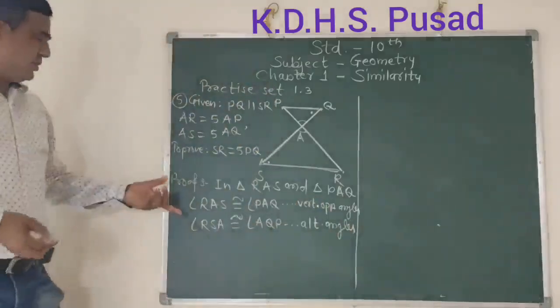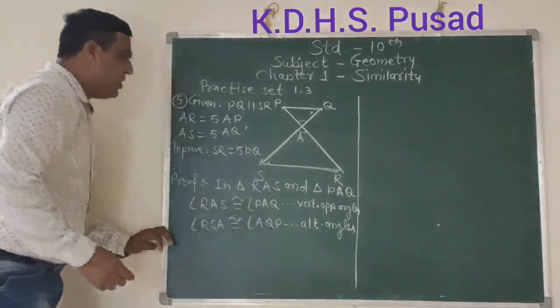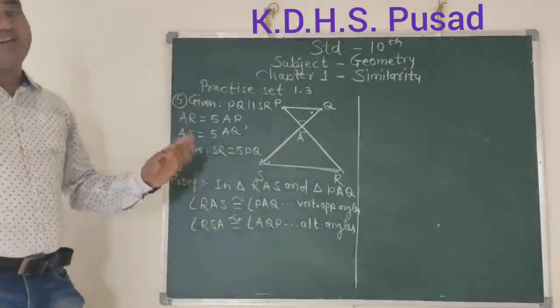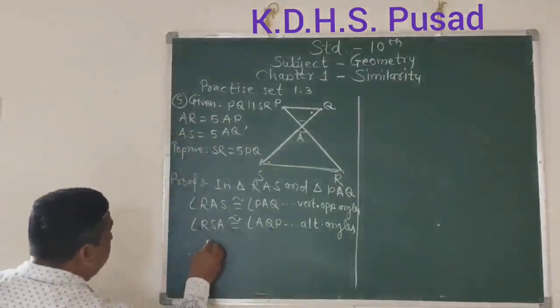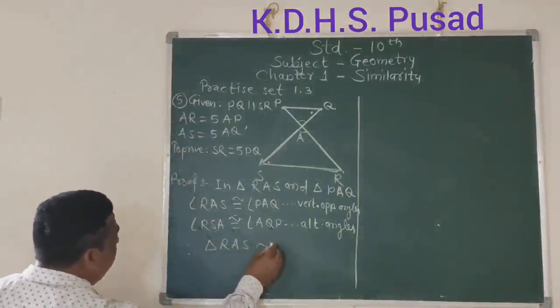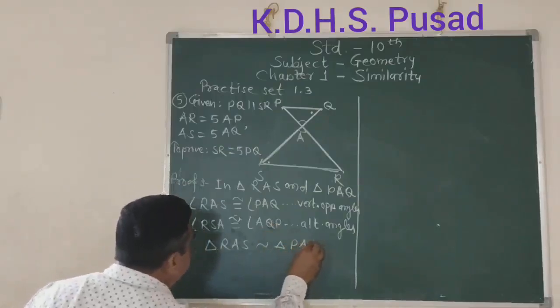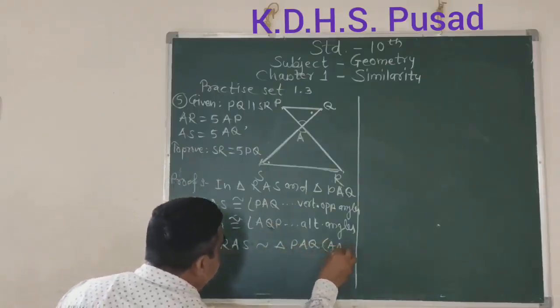Okay, so as two angles of this triangle are congruent with corresponding two angles of another triangle, the two triangles are similar by AA test. Therefore, triangle RAS similar to triangle PAQ by AA test.